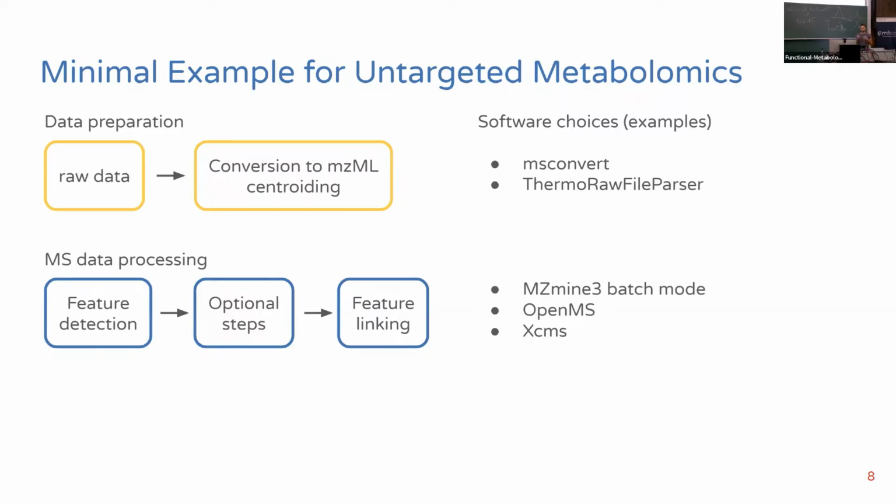If you want to reduce that to the minimal steps in untargeted metabolomics, we would of course have feature detection always. And at the end, we would need the feature linking step to get a nice table of metabolic features. And for that, of course, we have different choices. You all know them, like MZmine 3, especially the batch mode for workflows.